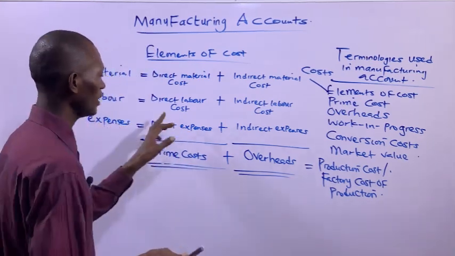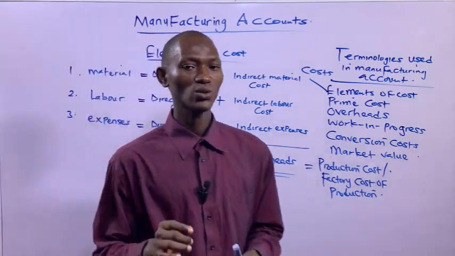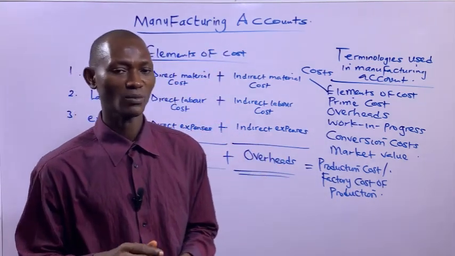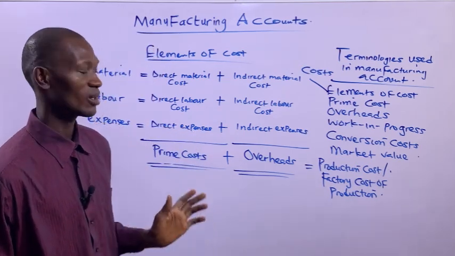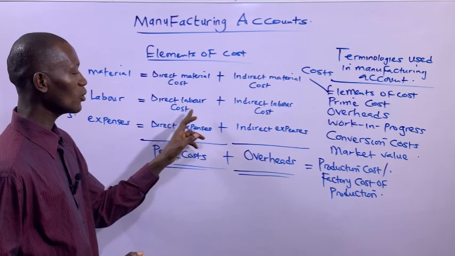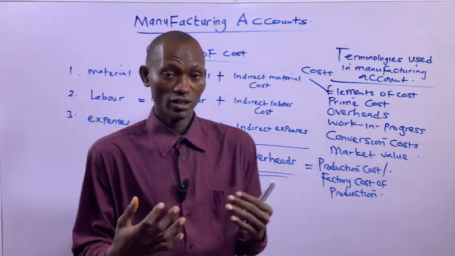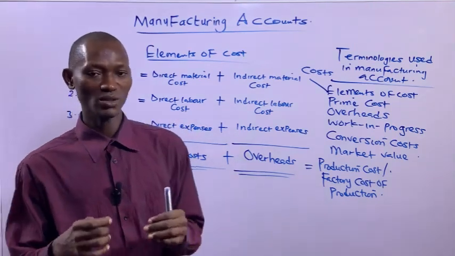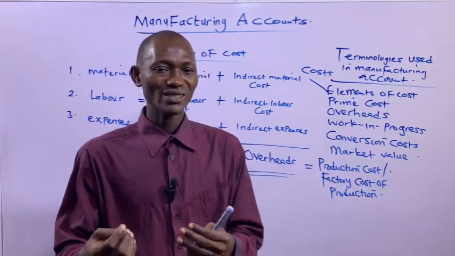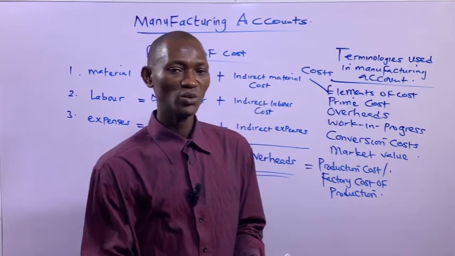Then direct labor costs. Direct labor costs are those costs of production that are also traceable to the production of a particular commodity. They are those costs on labor that are directly attributable.